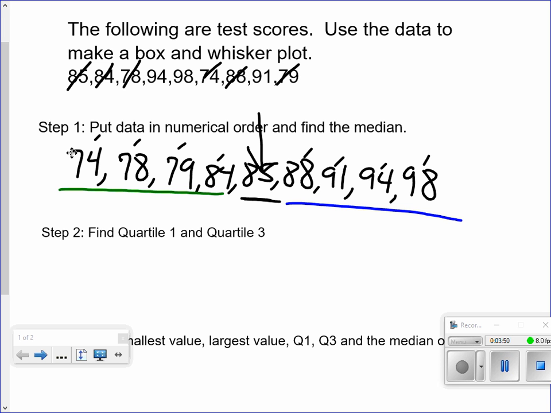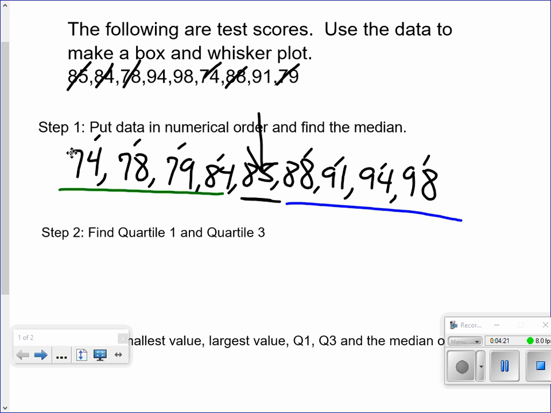So in order to find quartile 1, or Q1, we got to take the first half, which is 74, 78, 79, and 84, and we need to find the median of the first half. We got 4 of them, so we take the 2 end ones off, and we have 78 and 79 in the middle. What is it?